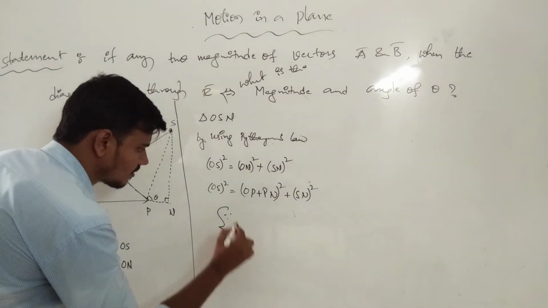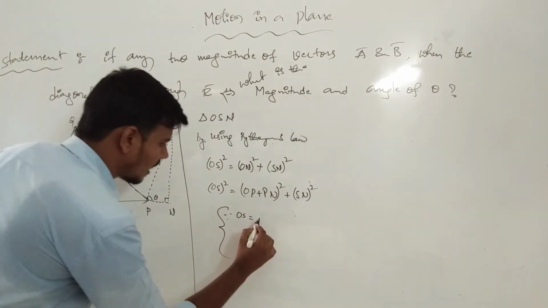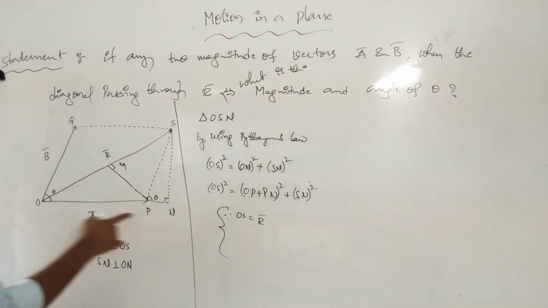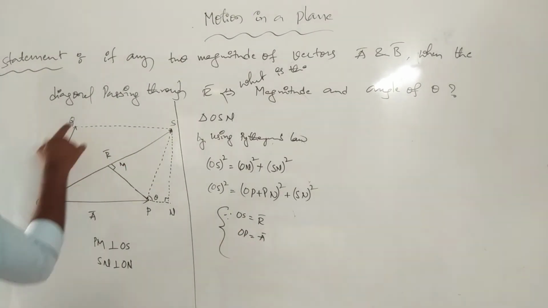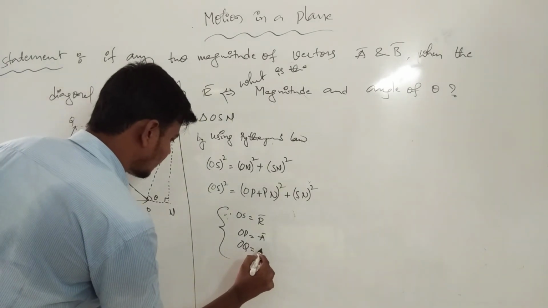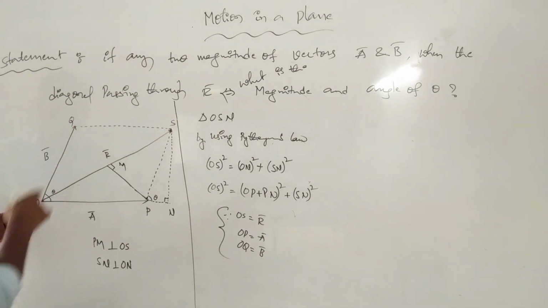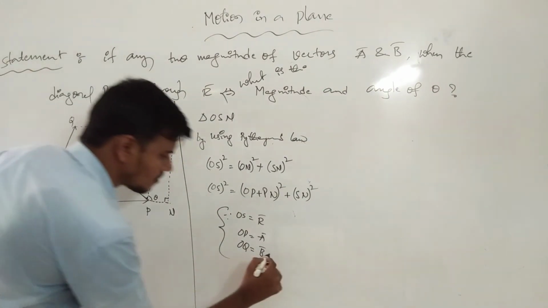Since OS is equal to R bar, OP is equal to A bar and OQ is equal to B bar. Now OQ is equal to SP.